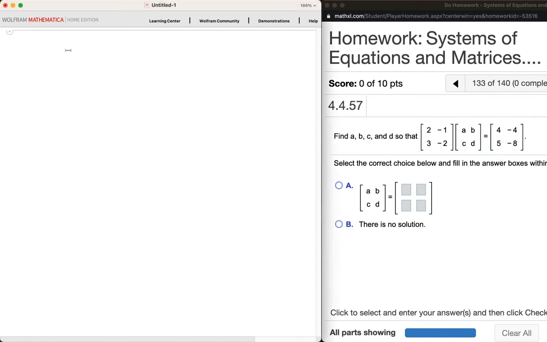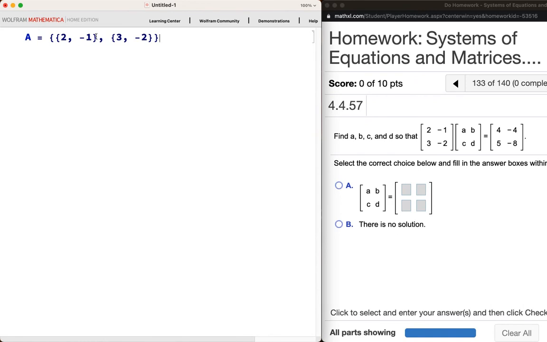Okay, so first of all, matrix A is equal to 2, -1, that's the first row, and the second row is 3, -2. So as you can see, matrices in Mathematica are really lists of lists.